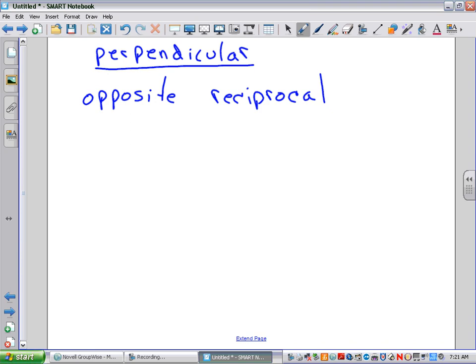So, if one line has a slope of 2/3, the other line that's perpendicular to it, opposite means make it negative, and take the reciprocal. So instead of 2 over 3, it's 3 over 2. So those two slopes would be perpendicular.